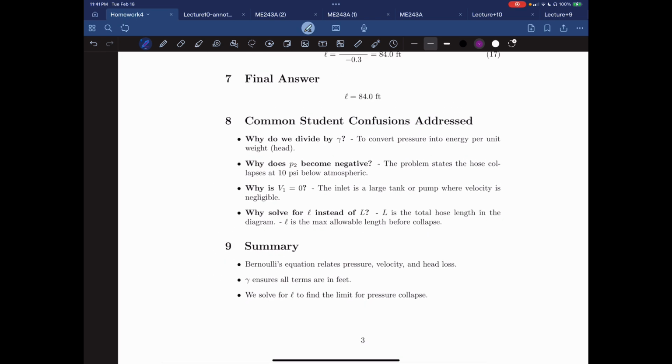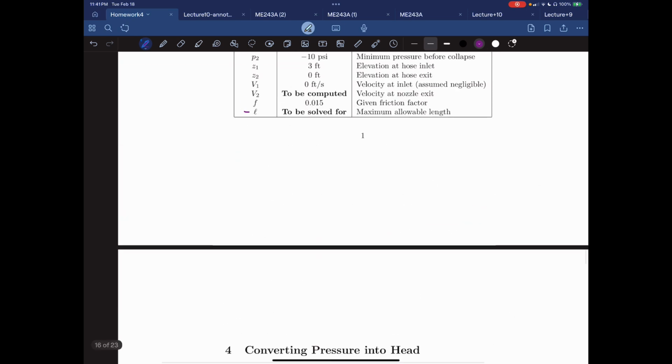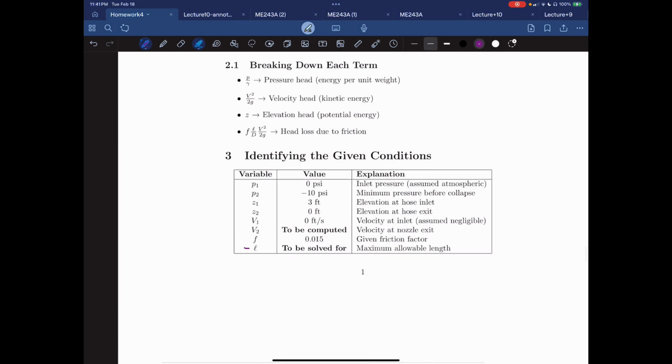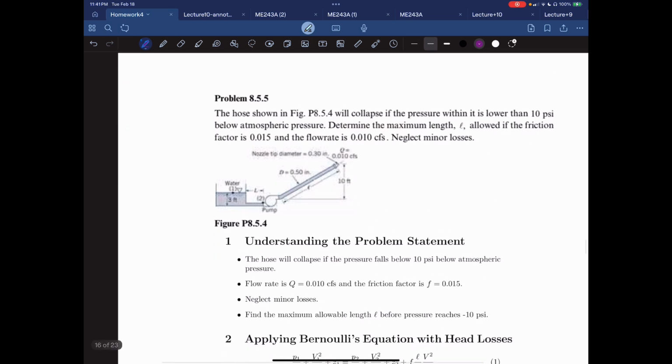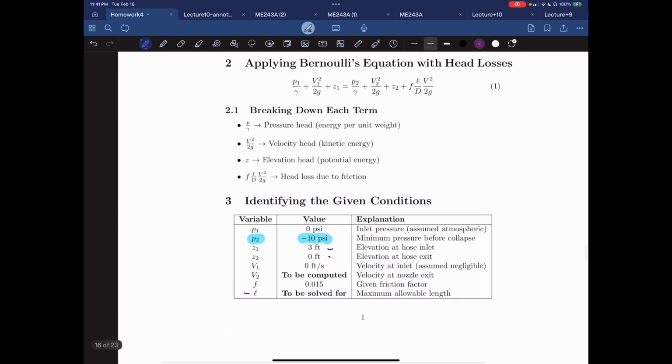P2 is negative because the hose collapses at 10 psi, so P2 is negative 10. And this time Z1 is 3 feet and Z2 is 0 because the hose will collapse. So that's what we're estimating. Okay, so those are the differences.